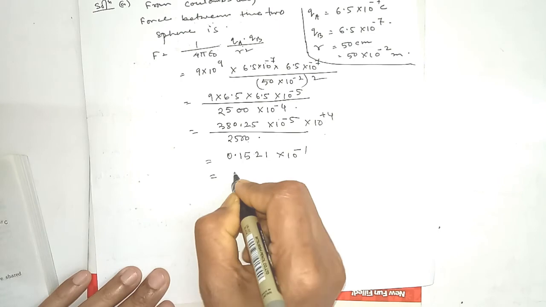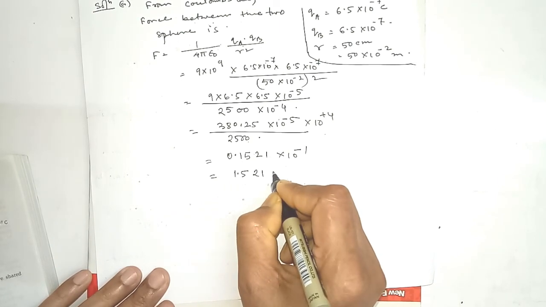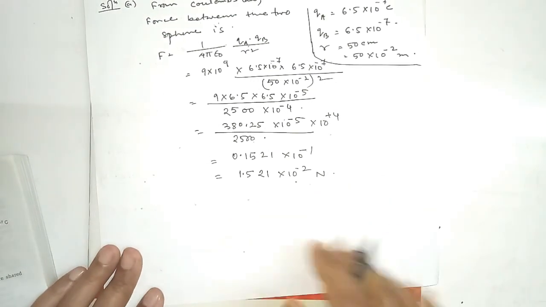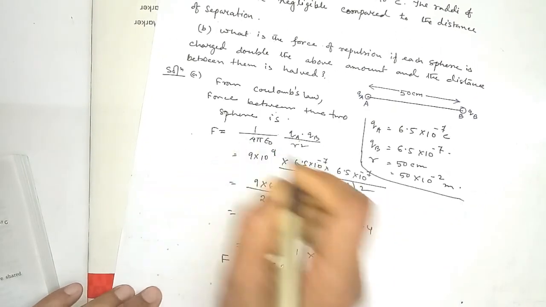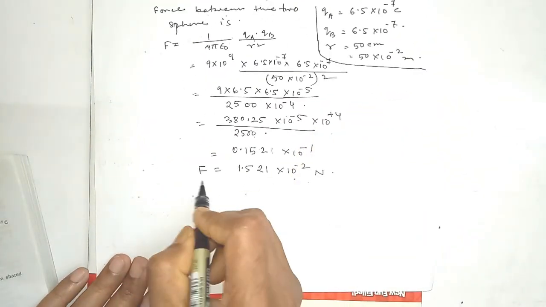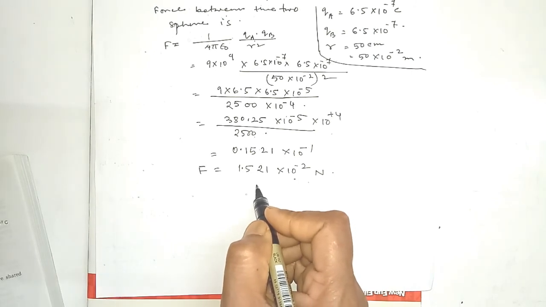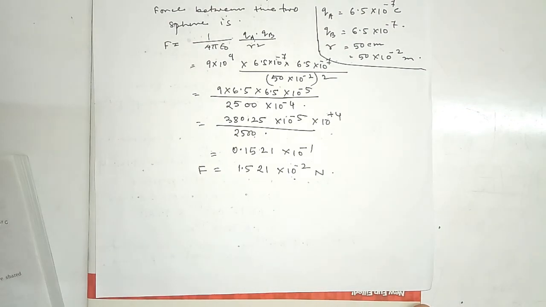So we can write this as 1.521 into 10 to the power minus 2 Newton. Okay, this is the value of the force. The force is also repulsive in nature because the two charges are the same in nature.